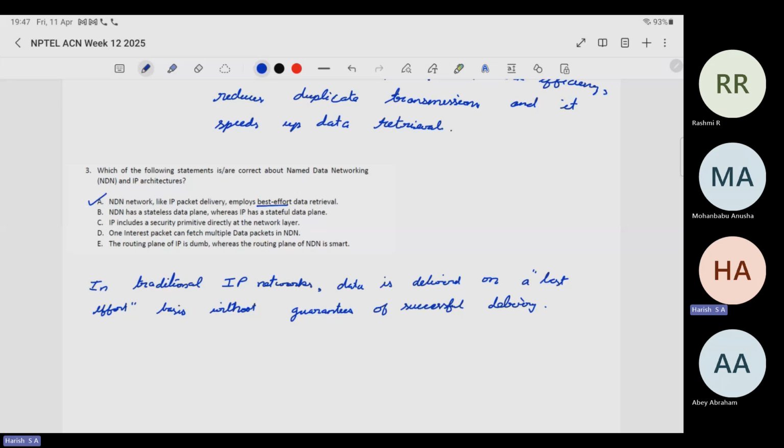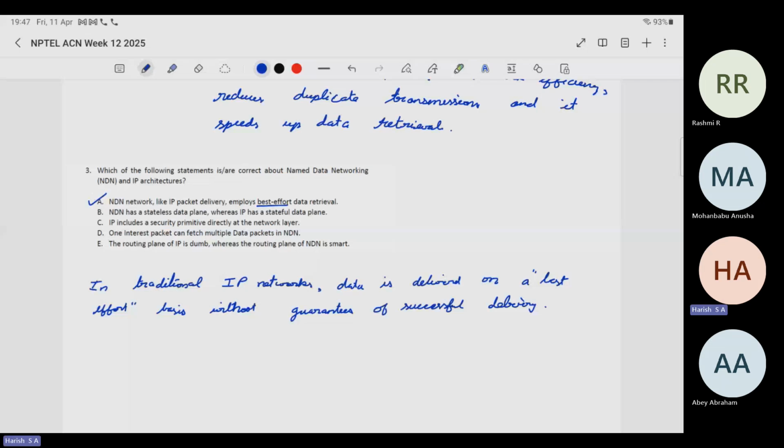There is no guarantee for a successful delivery here, but it sends it. So what does this mean? It's like, if you request something from a server, the server sends back your data, hoping that it'll reach you.